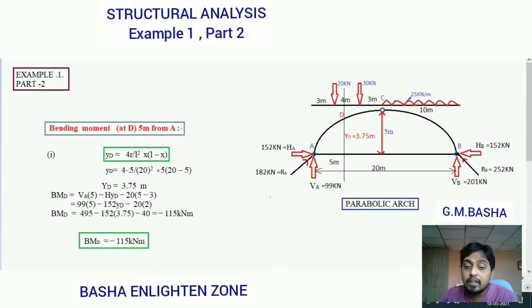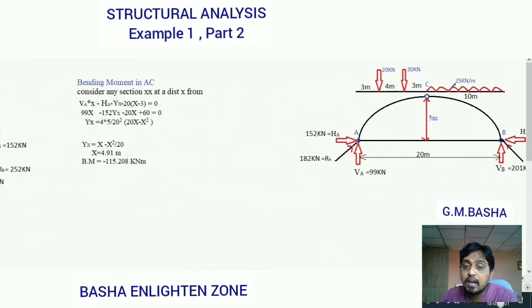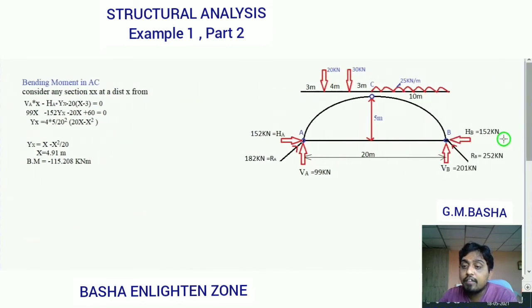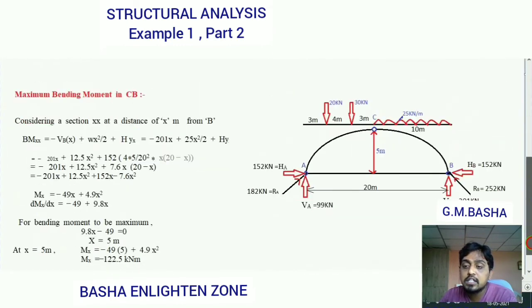But here, in the last step, they are asking to find the maximum bending moment. It means in the entire span of the arch there will be two halves, left half and right half. In the left half there will be 10 meters, in the right half there will be 10 meters. We don't know where the maximum bending moment is for the given load. That is the reason in the 10-meter span you find the particular distance where the maximum bending moment occurs.